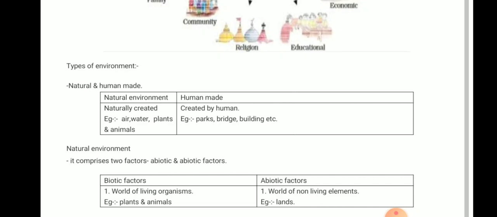But abiotic factor means the non-living part of an ecosystem that shapes our ecosystem. Clear? For example lands, air, light, water, temperature. So students, in this video we covered part 1.